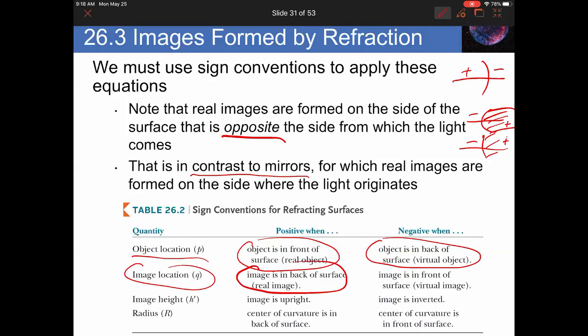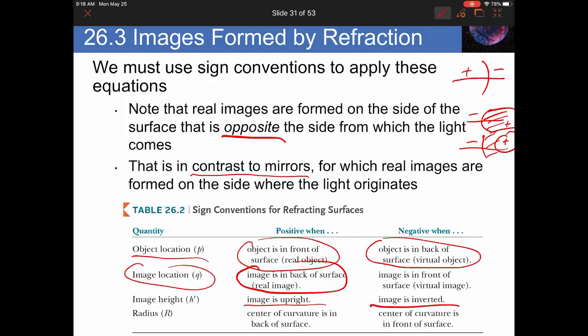Again, the back of the surface is the positive side. If the image is in front of the surface, it's a virtual image, because you can have an image formed on the same side as the incoming light, but in this case that's a virtual image. And then the image height h prime: if the image is upright, it's positive; if inverted, it's negative.